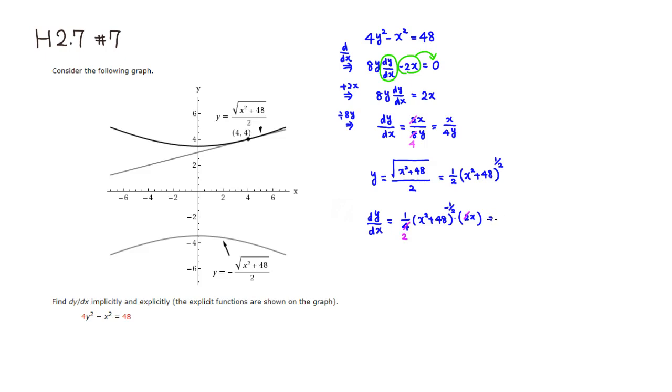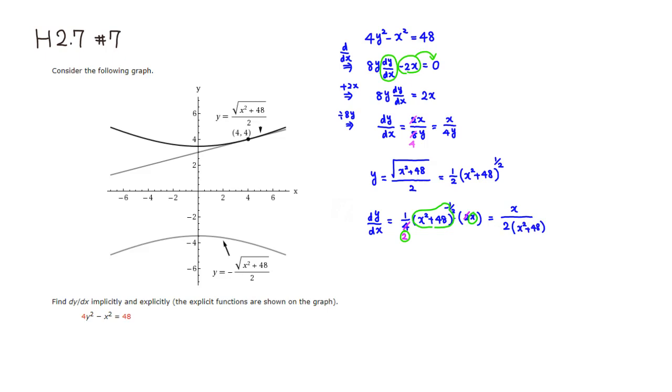Let's clean it up here. This is going to be equal to x on top, and there's a 2 sitting on the bottom, so we put 2 there. Then x squared plus 48 has a negative power, which means it lives downstairs.